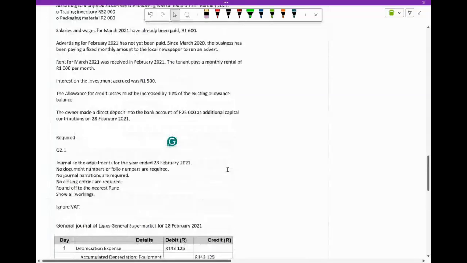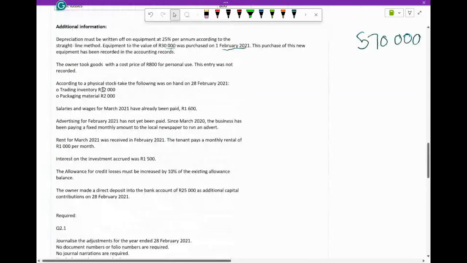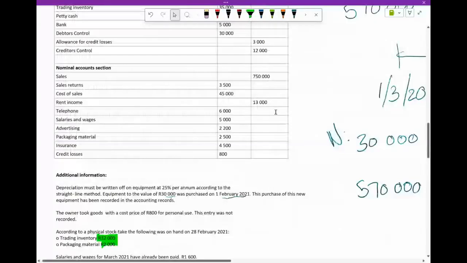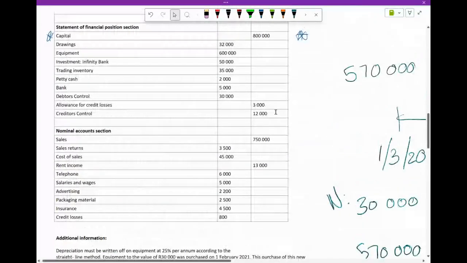The next one, what did they say? According to a physical stock take, we have trading inventory of 32,000 and packaging material of 2,000. So we say, okay, but what was our trading inventory before? It was 35,000.